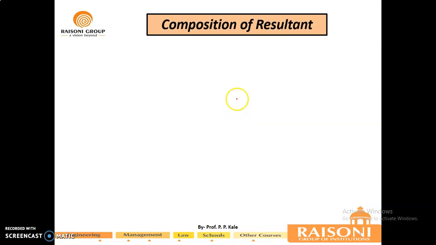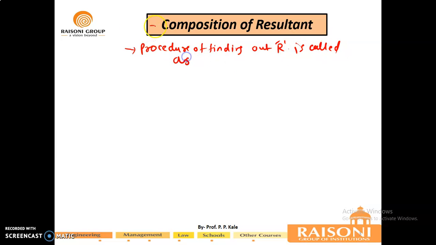Now there are different methods of finding out this resultant. The procedure of finding out resultant is called composition of resultant.